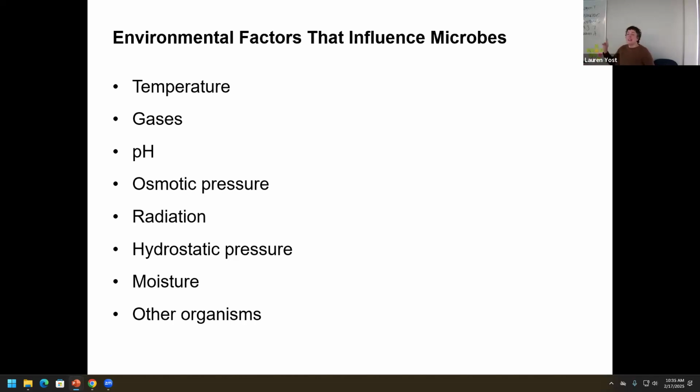So temperature, gases. A lot of time the biggest gas that can have effect on these guys will just be oxygen, which we take for granted, but many of these guys can die in the presence of oxygen, or they might not care about it at all. We have pH. We already know the importance of pH. I was explaining this to my husband, the things that I've explained to you guys about pH.